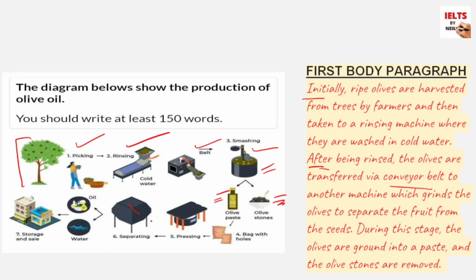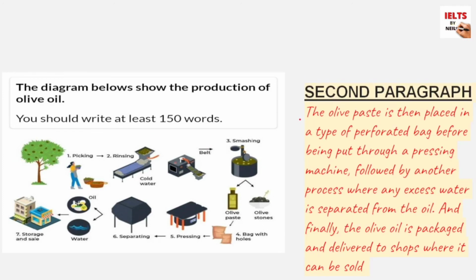Okay, now let's see what we have done in the second body paragraph. The olive paste is then placed in a type of perforated bag. Perforated bag is this one, bag with the holes, being put through a pressing machine. Here is the pressing, this is the process, followed by another sequencer here.